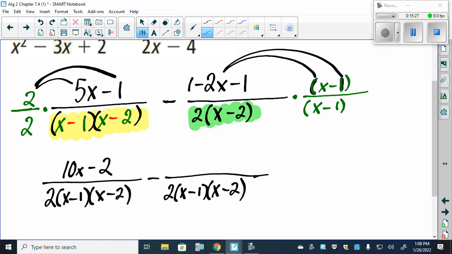So we're going to have to do our negative 2x times x, which will be negative 2x squared. Then we'll do negative 2x times negative 1, which will be plus 2x. Then we'll multiply through with the negative 1. Negative 1 times x is negative x. And lastly, negative 1 times negative 1 is going to be plus 1.